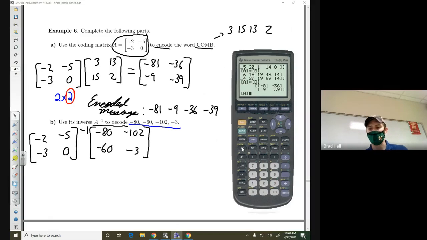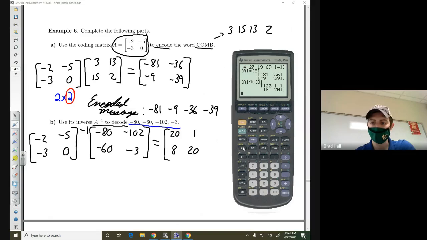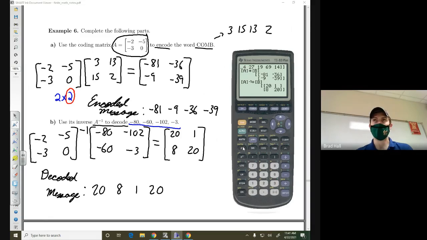And so now we do A inverse in the calculator times matrix B. And so we obtain the decoded message of 20, 8, 1, and 20.